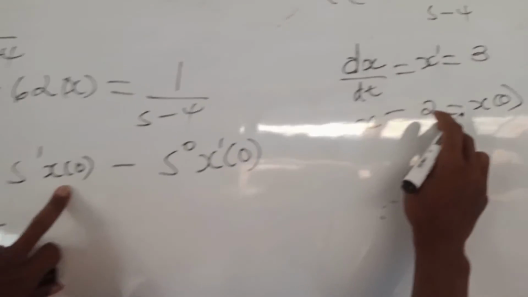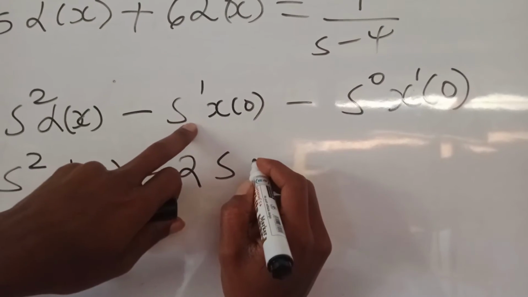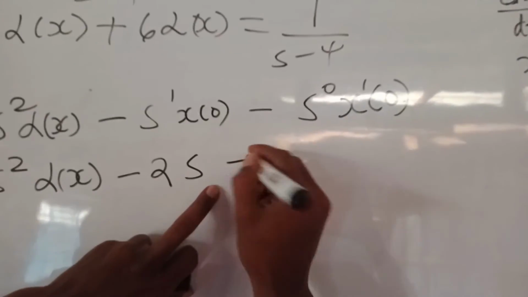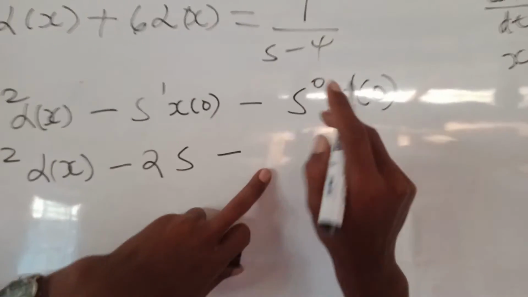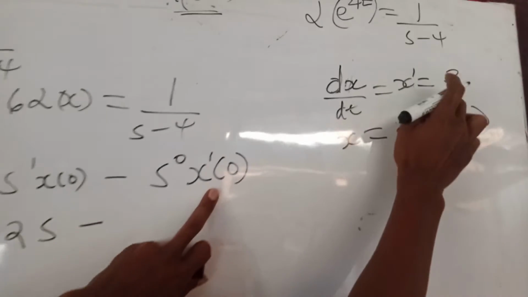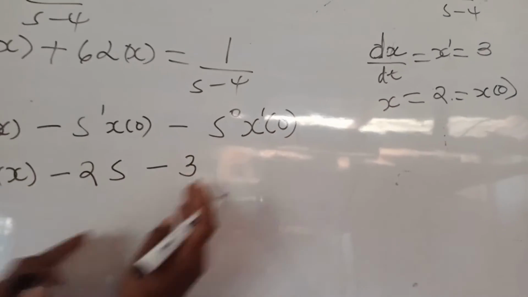So it can be written as 2 times s. S power 1 is s, so this can be 2s. So this 2 here, we replace it here, minus s power 0, which is 1. S power 0 is 1, so x prime 0 is this one, which is 3.